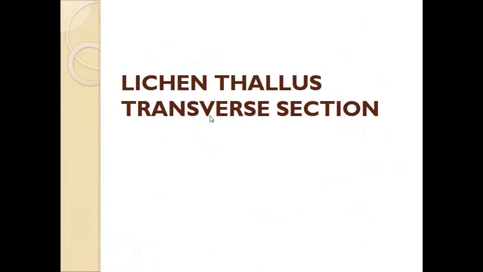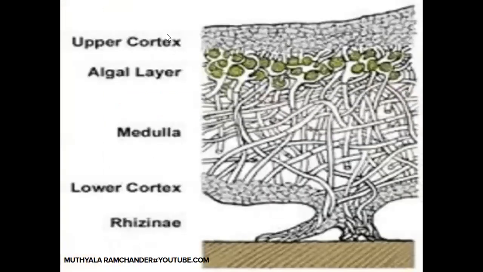This is a transverse section of the lichen thallus. Every lichen, like crustose, foliose, and fruticose, shows mainly five regions in the internal structure of the thallus. One is the upper cortex, second the algal zone, third the medulla, fourth the lower cortex, and last the rhizinae or rhizoids.